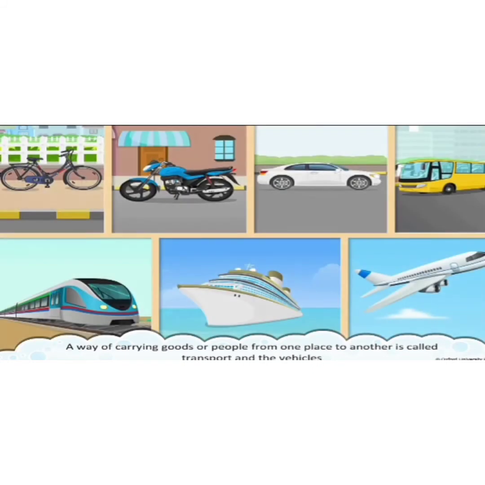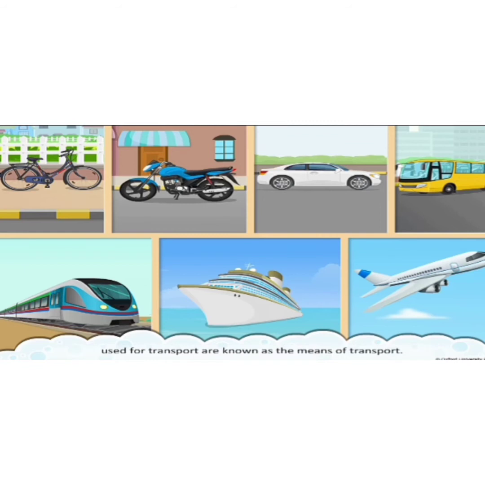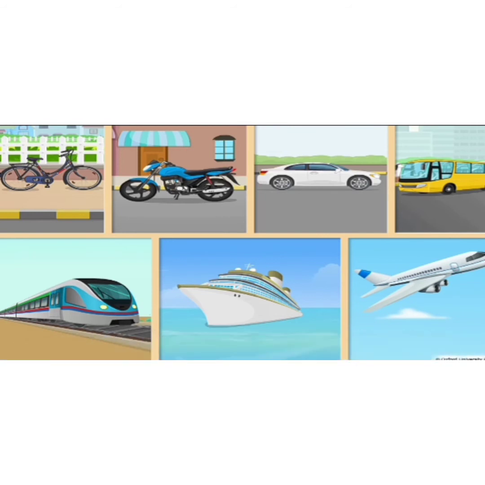The way of carrying goods or people from one place to another is called transport. The vehicles used for transport are known as the means of transport. Some means of transport are slow, some are fast, and some are very fast.